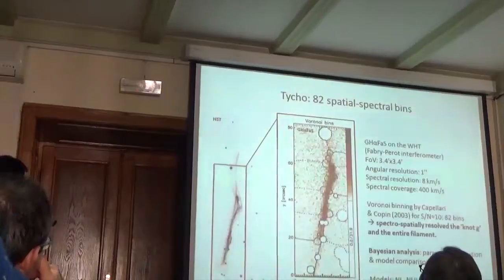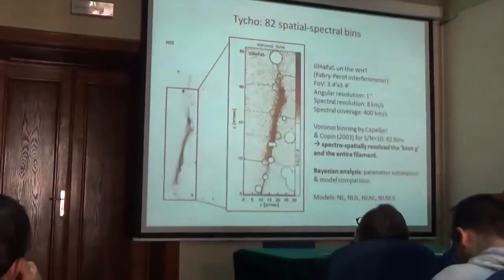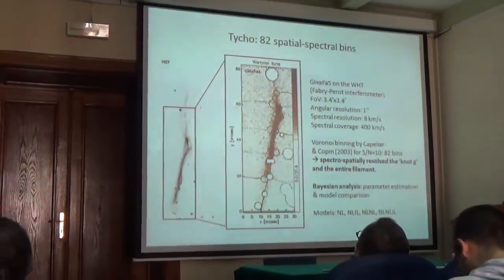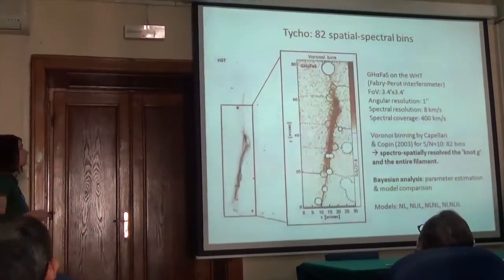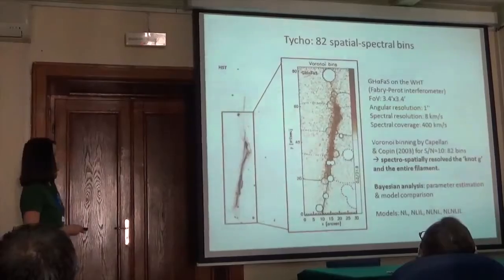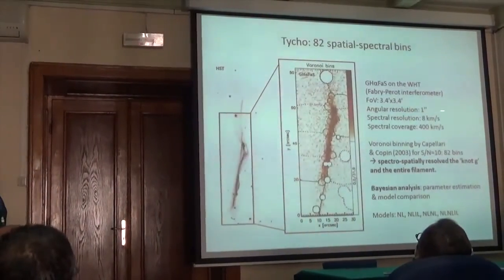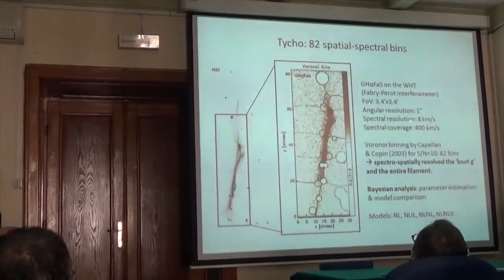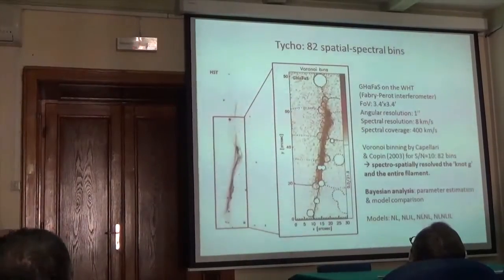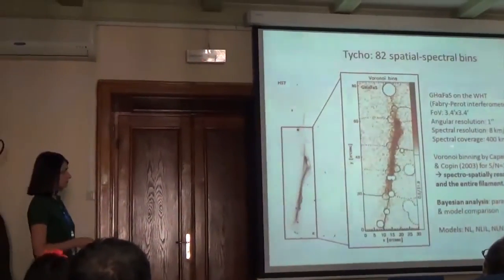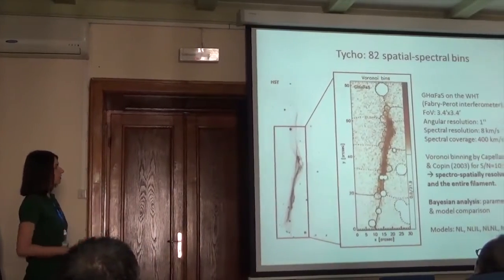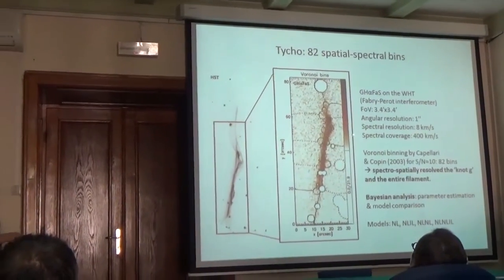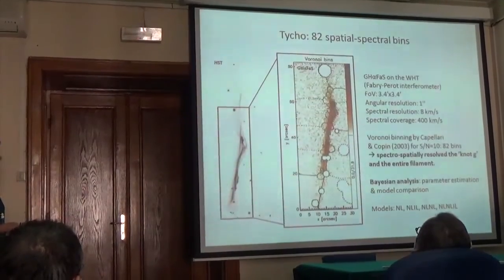Using the GHaFaS instrument on the William Herschel Telescope, which is a Fabry-Perot interferometer with a field of view of 3.4 by 3.14 arc minutes, angular resolution of 1 arc second, and spectral resolution of 8 kilometers per second, as I said, we do not resolve the broad line because the range is too small; spectral coverage is around 400 kilometers per second.